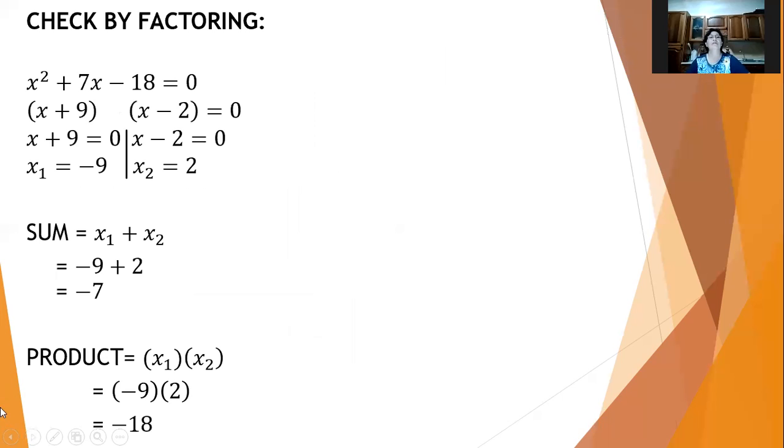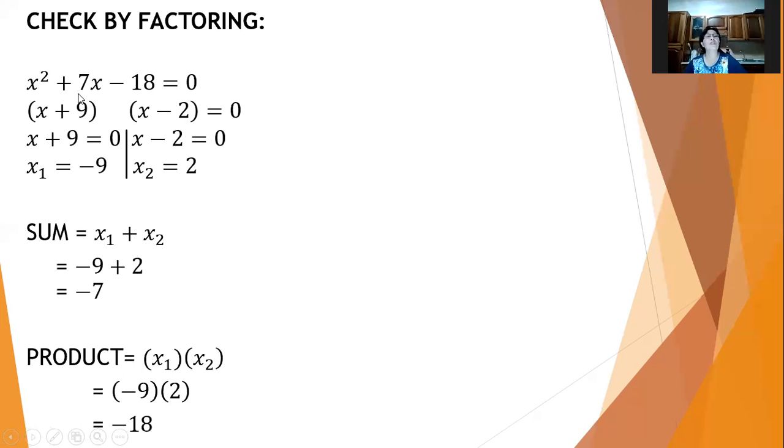Check by factoring. Okay, x squared plus 7x minus 18 is equal to 0. The factor of x squared is x times x. The factor of negative 18 is positive 9 and negative 2. Again, the same holds true. You have to check the middle term.